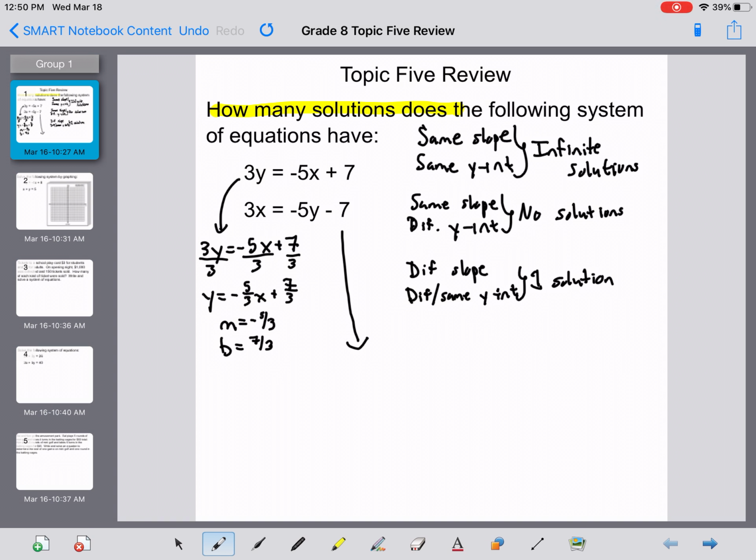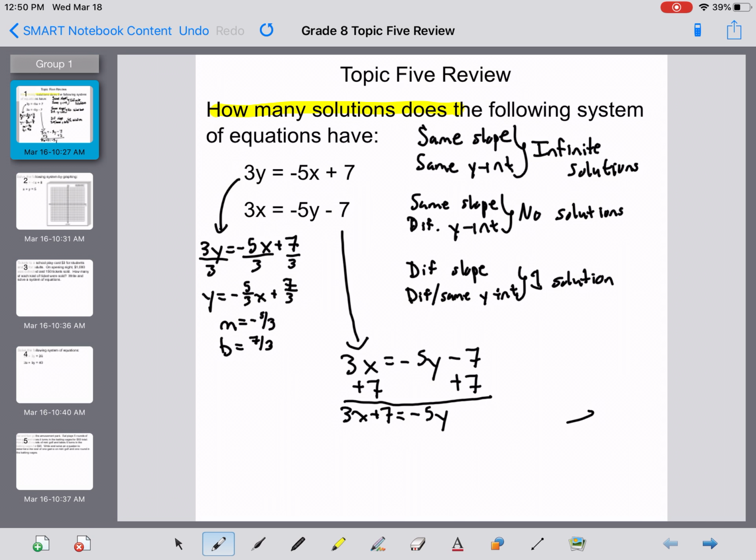Now for my other equation, I have 3x equals negative 5y minus 7. I need to get this to be y equals, so I'm going to add 7 to both sides. When I do that, I have 3x plus 7 equals negative 5y. Negative 7 plus 7 cancels out.